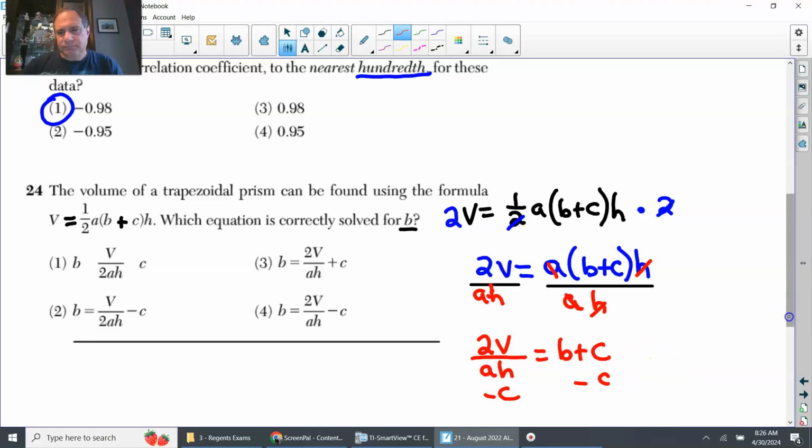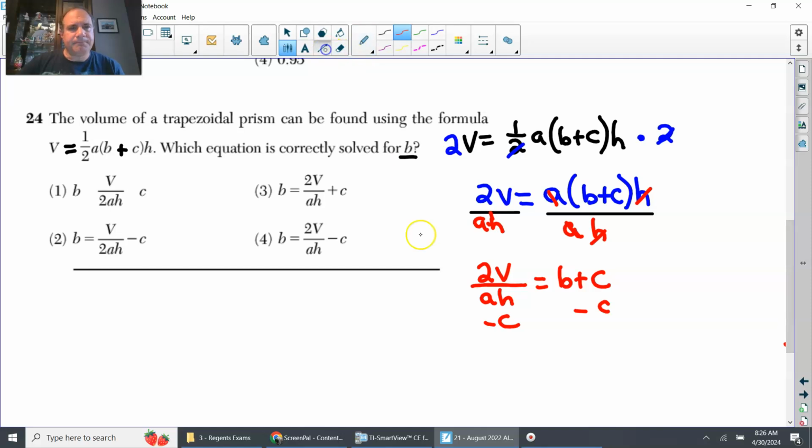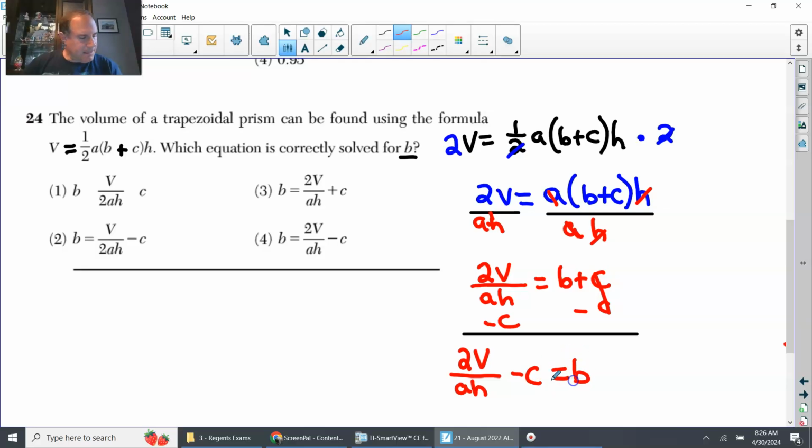And move this down. This cancels. You have 2V over AH minus C equals B. And 4 is your answer. That's it.